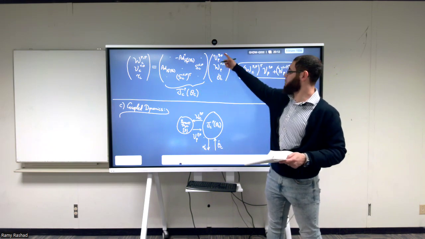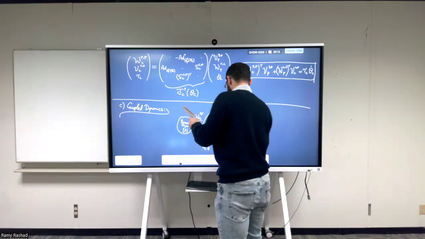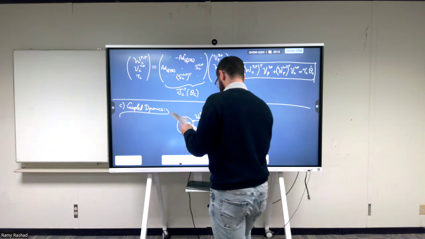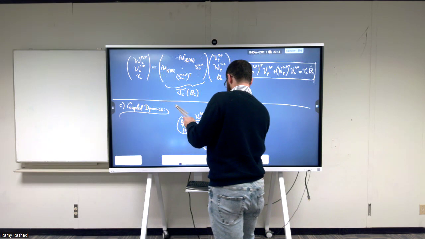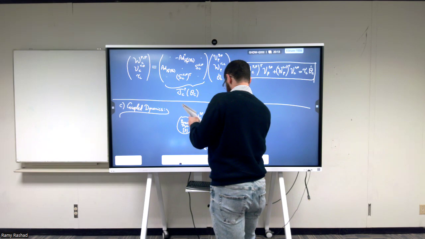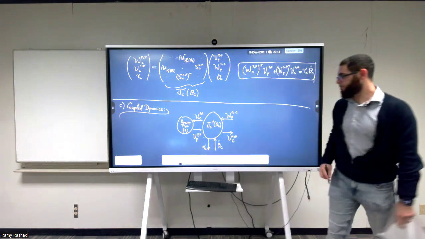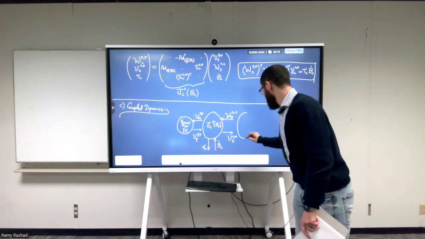And VP P0 is an input, which is this. And then we have here as an output B, C, C. We have that one as an input, and then it goes to the child dynamics.